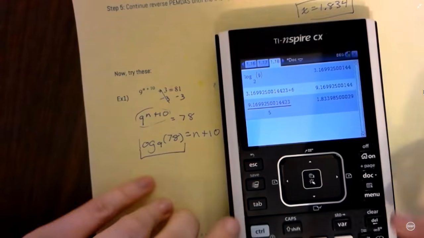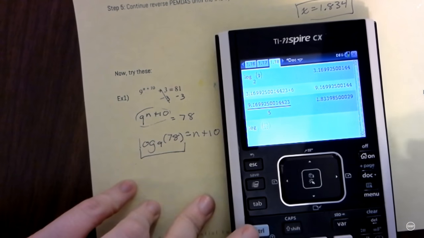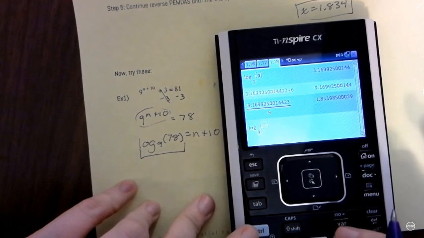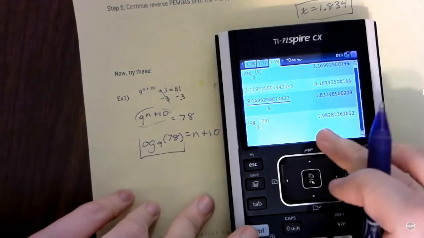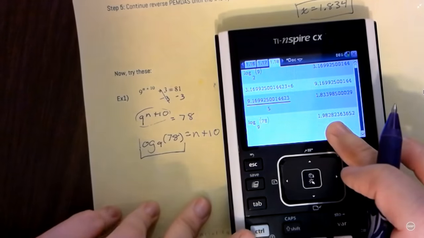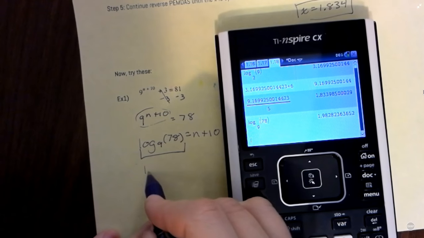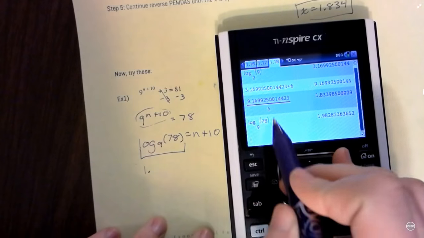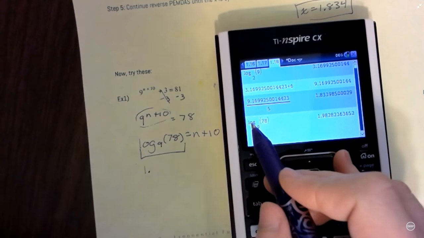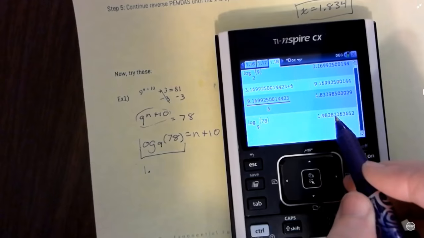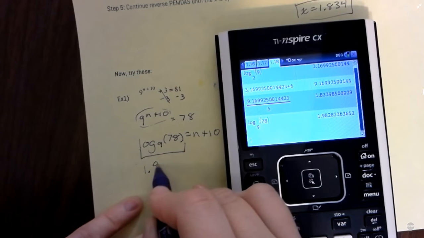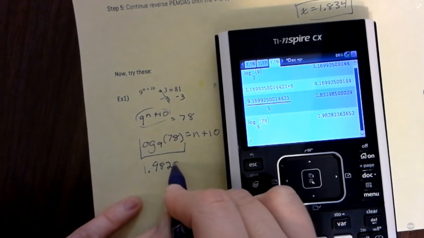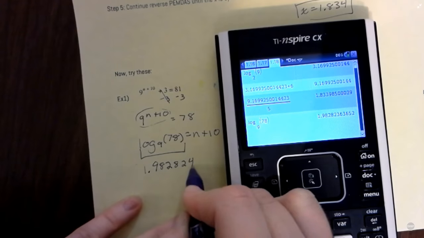Okay, so log base 9 of 78. Is that a lovely number? So again, it's actually better if you don't do this until the end, but since that does tend to confuse people, just don't round this too much. I'm gonna go about there.